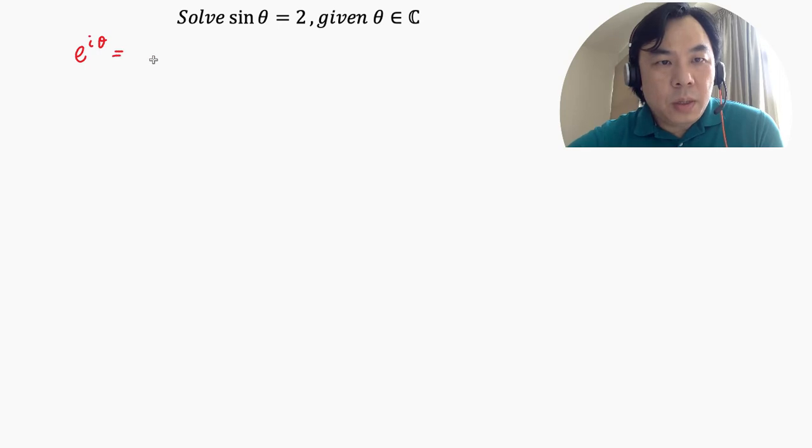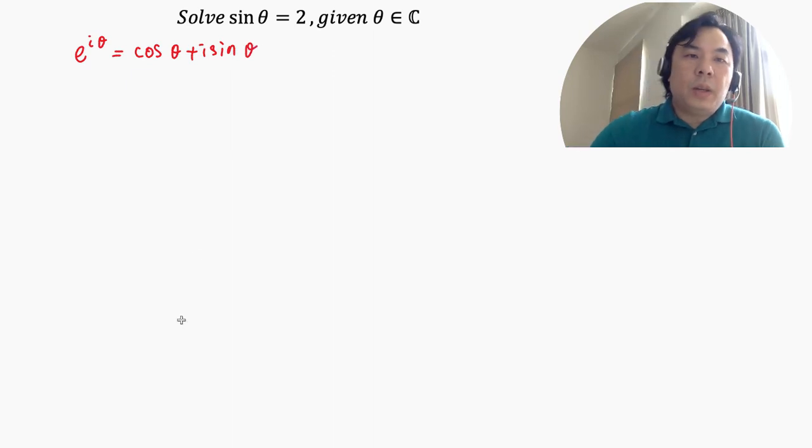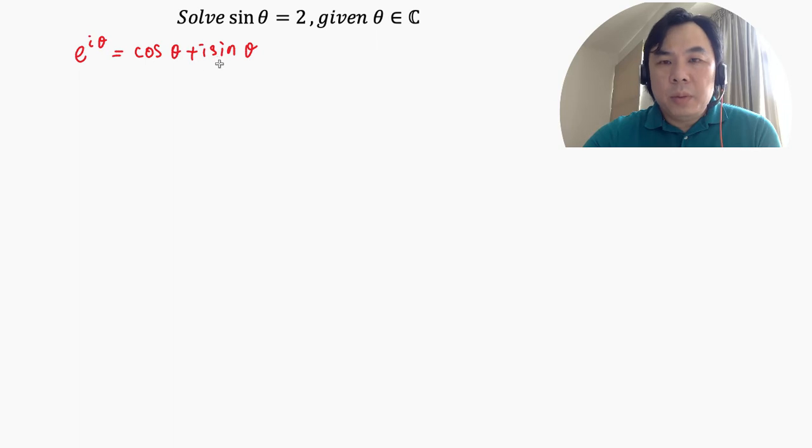So this is e to the i theta equals cos theta plus i sine theta. That's the relationship between the Euler form of a complex number and the argument form of a complex number. If you are interested in the proof, there's another video on that. I will put a link at the top here for your reference.